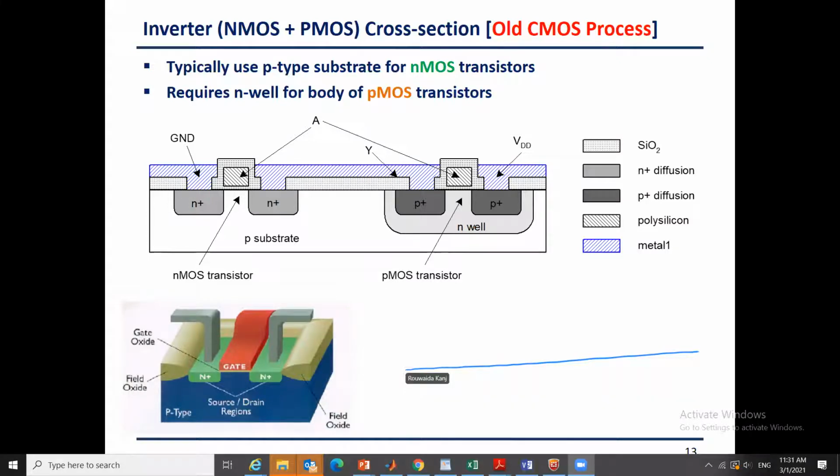And let us say that we have already reached the N+, and then we have the poly, okay? So this is the poly here, and this is the poly here. Okay, and now this is the other transistor. What happens here is that we apply again a layer of silicon dioxide with a certain target thickness, right? And we polish it to reach this thickness, right?